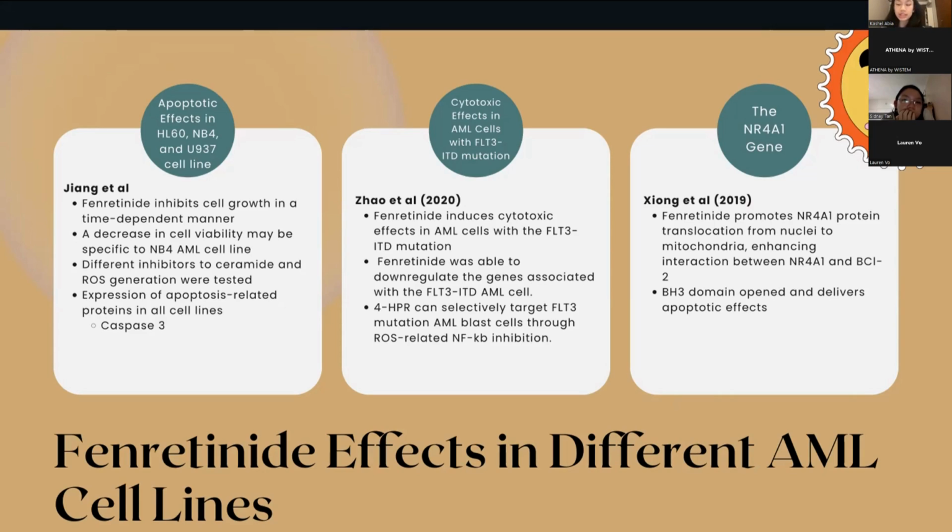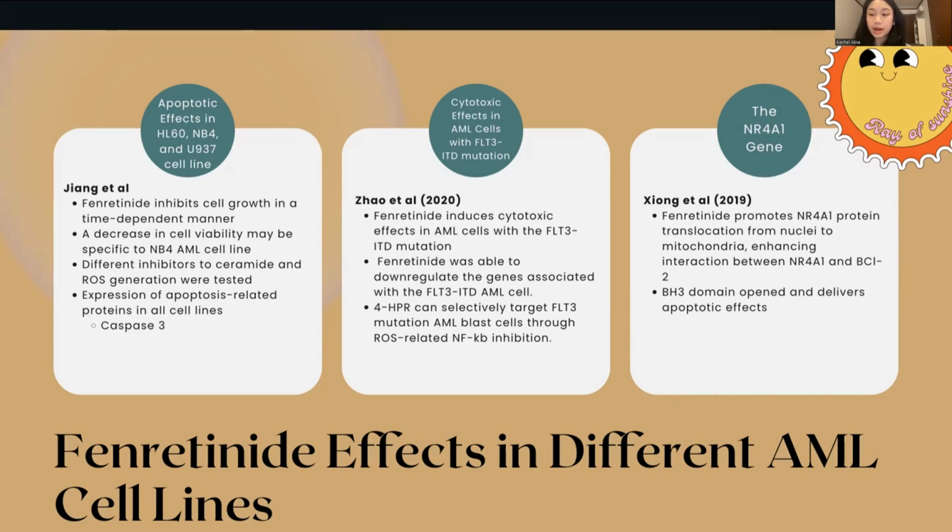So basically, the expression of an anti-apoptotic gene, BCL2, was downregulated, while expressions of pro-apoptotic genes were increased after 4-HPR treatment. So basically, there was more apoptosis going on in the fenretinide treated cells.